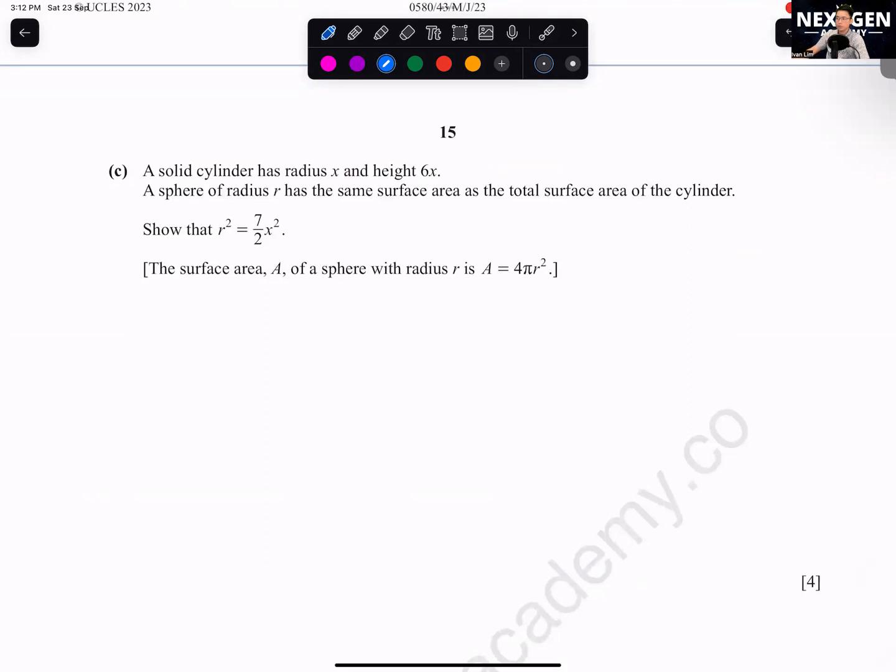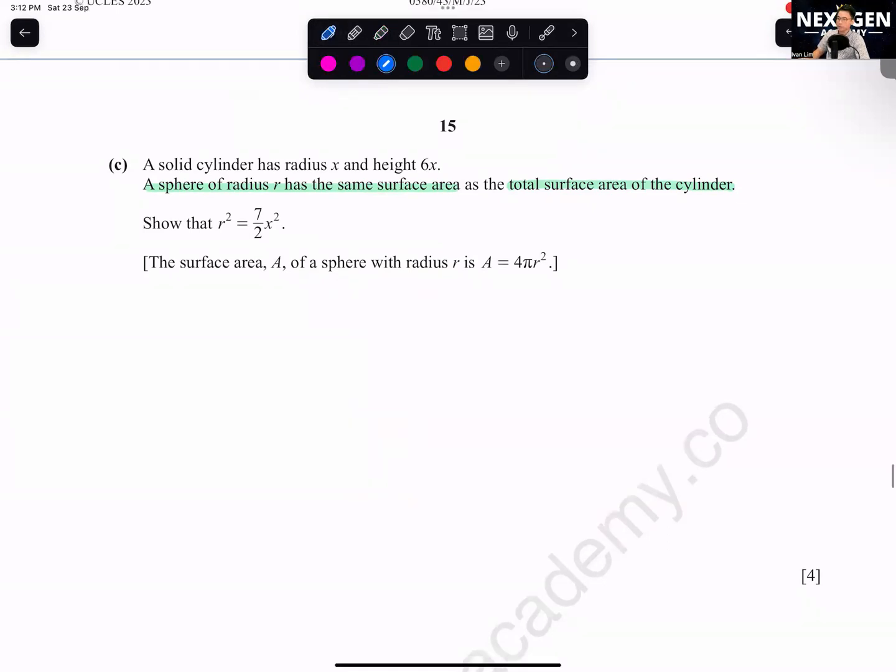A solid cylinder has radius x and height 6x. A sphere of radius r has the same surface area as the total surface area of the cylinder. Okay, we draw it out first. They want us to show r squared equals 7 over 2 x.